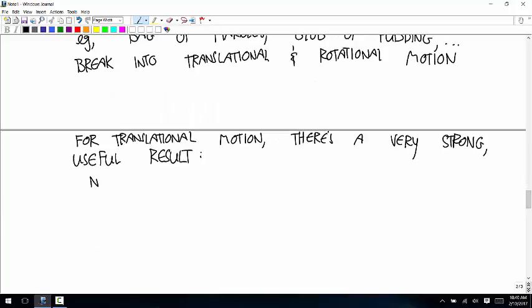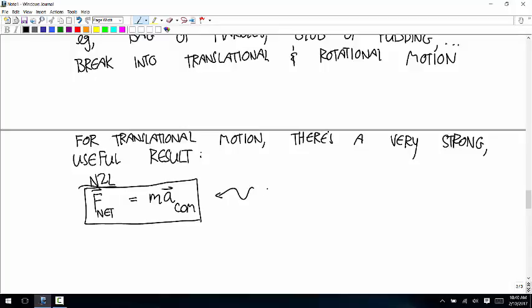Newton's second law says take all the net forces, all the external forces, and that's equal to the mass of the general collection times the acceleration of the center of mass of the general collection. So this is true for any collection of objects.